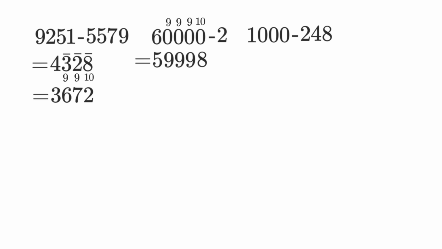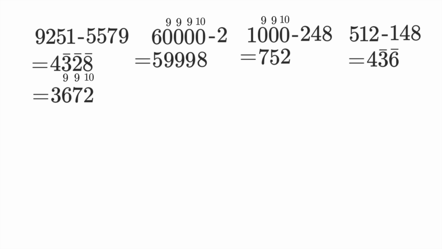Once again, 1,000 is 9 90 10. Then subtraction, digit by digit. Once again, after digit by digit subtraction, 1 down, giving 90 10.